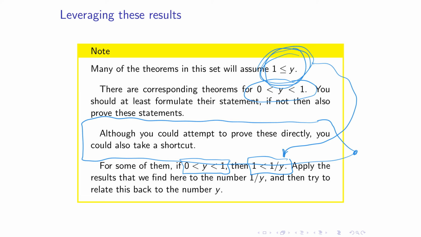And so if you can use those results on the reciprocal of y, and then relate it back to y itself, then you may be able to find really nice, elegant, short proofs for this particular case. So think about that. I encourage you to attempt it.